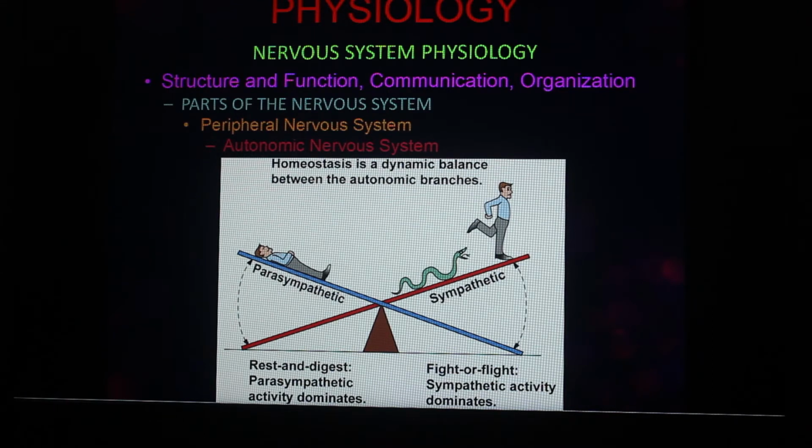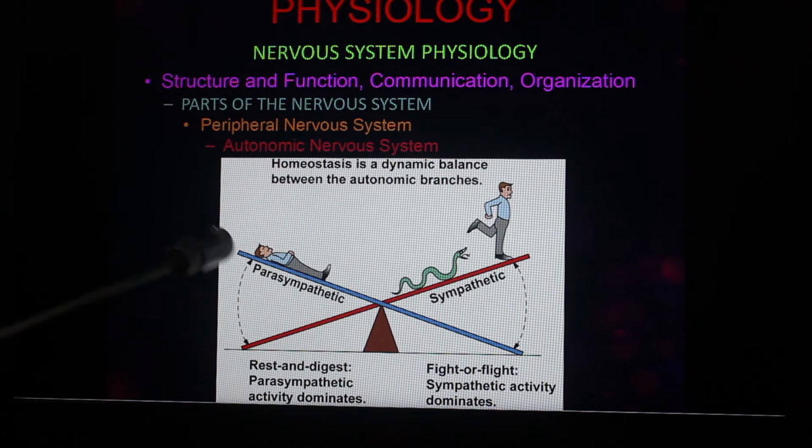For example, rest and digest means that the parasympathetic system is mainly active, dominating the body. But when we're afraid or excited and we need to fight or run away, then fight or flight comes in, which is under the domination of the sympathetic nervous system. So the systems control the body antagonistically.